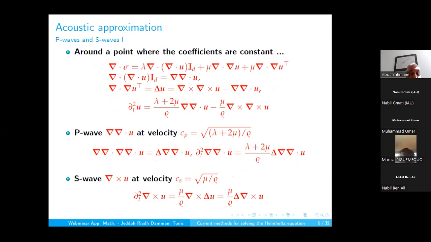What is the acoustic approximation? Perhaps some of you know what it is. It is based on the separation of waves.